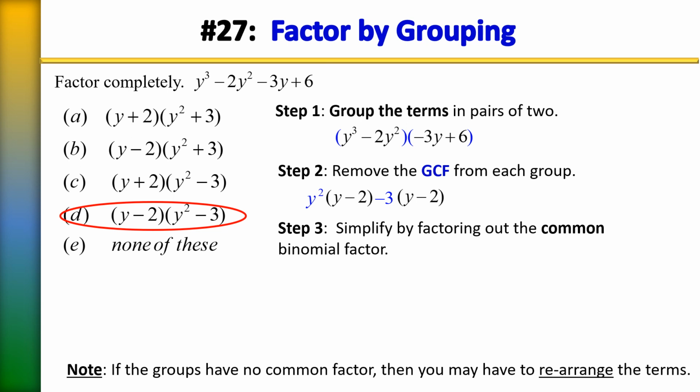Well, I can see that they have a y minus 2 in common. And then what is left once you take it out, you can actually see it. It's there in color. Y squared minus 3 would be left once you take out their common binomial factor. So that is the correct factored form of this polynomial.